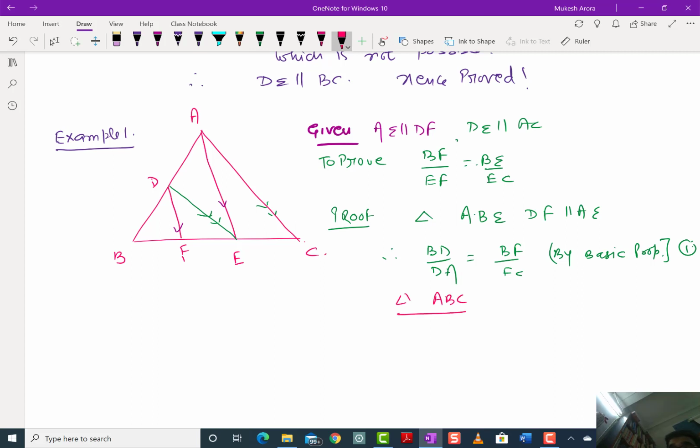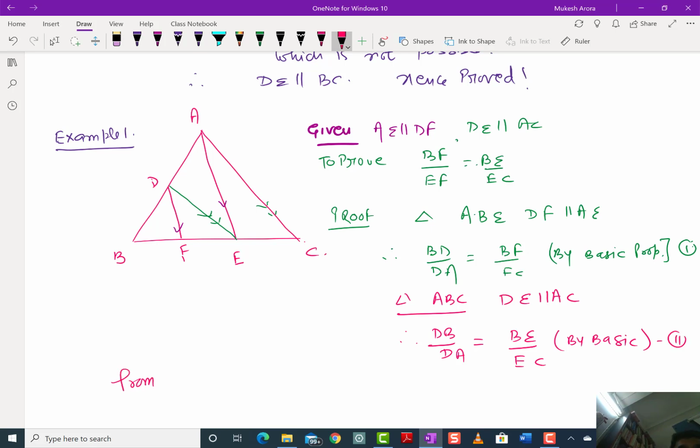In ABC, DE is parallel to AC, therefore DB upon DA is equal to BE upon EC, again by the basic proportionality theorem.